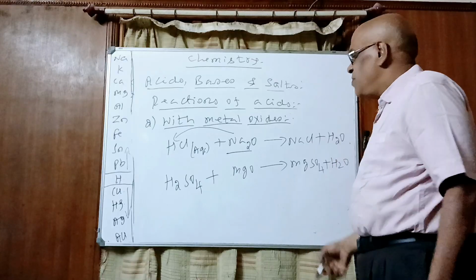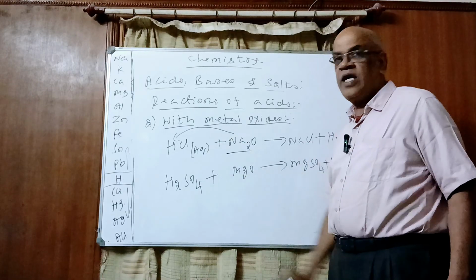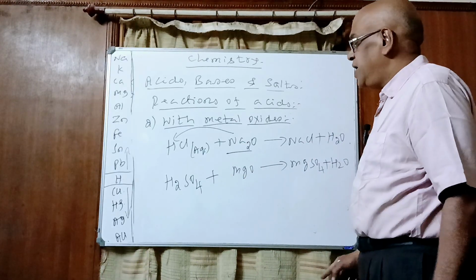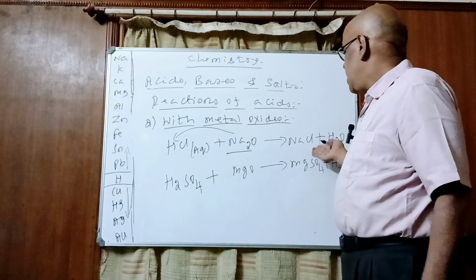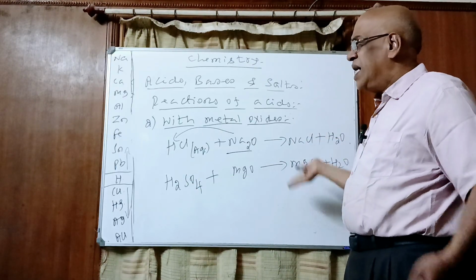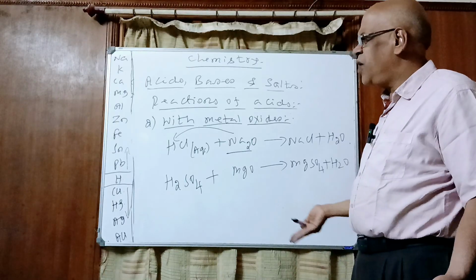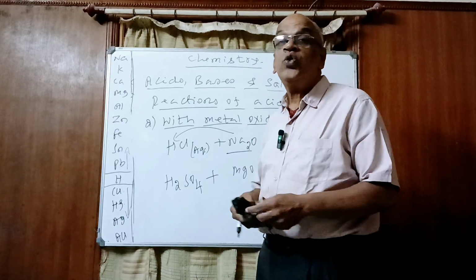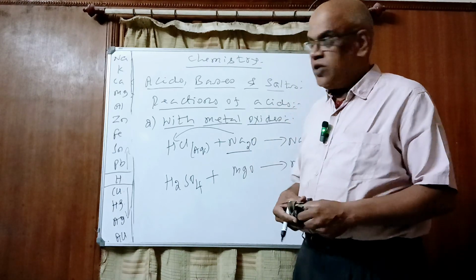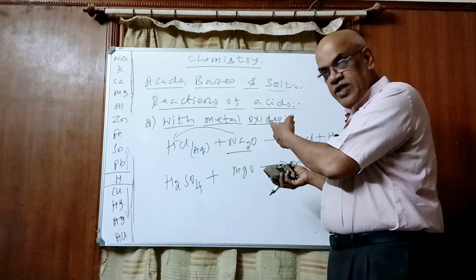Take any metal, it combines with sulfate ions of sulfuric acid or chloride ions of HCl to form chlorides and sulfates. No need to go deep, children, because it's a small topic, 1 mark question. Question will come, mention 2 reactions of acids. You can write any one of these 2.